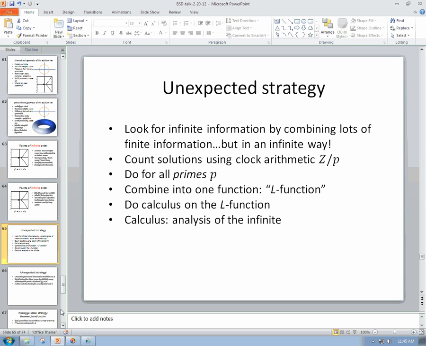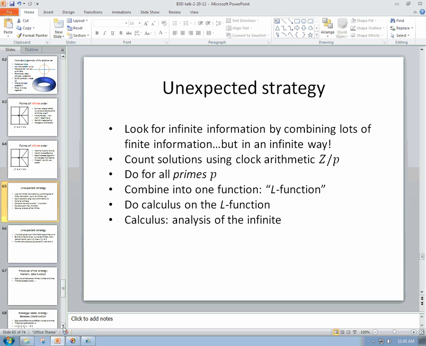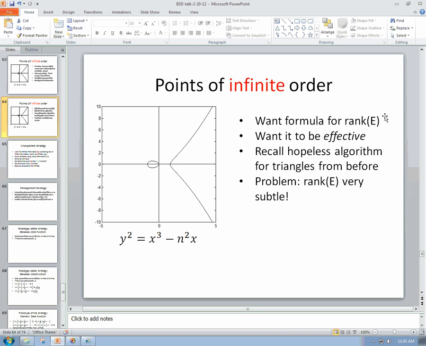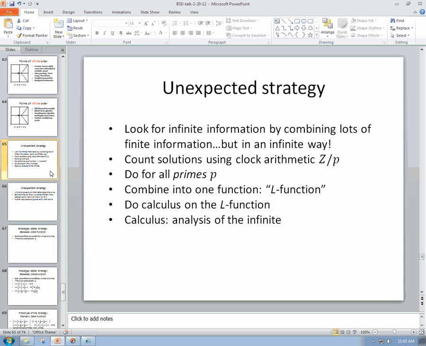So I'm going to start getting even more hand-wavy now, but I'm going to talk about an unexpected strategy for trying to get the rank of an elliptic curve. And I'm not going to talk about it directly. I'm going to give you a vague description, and then I'm going to talk about an analogy. As always, I like to talk about toy versions of the real problem, because they still get at the idea.